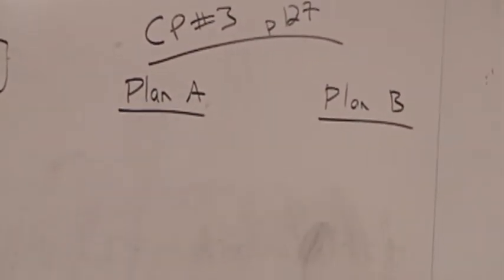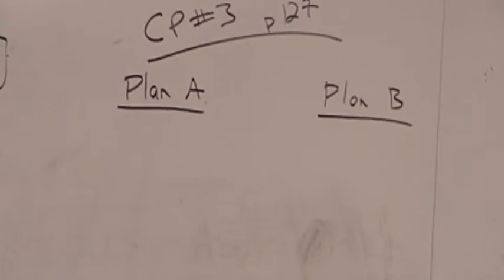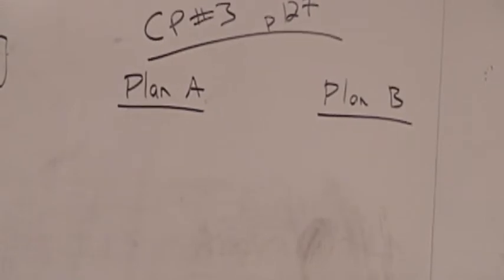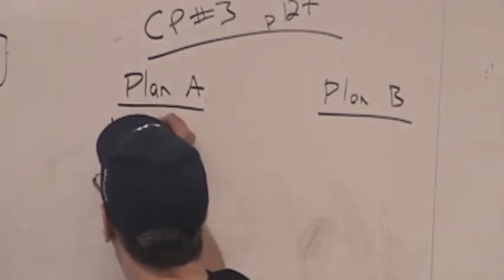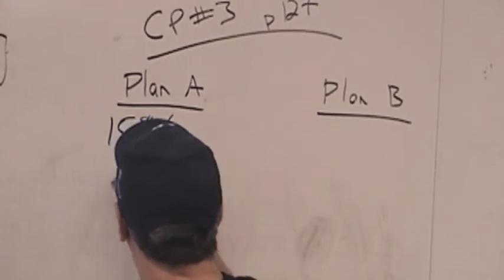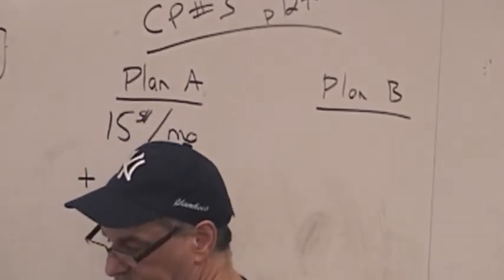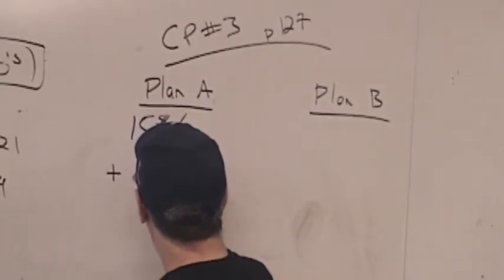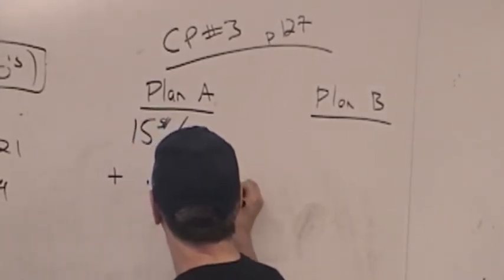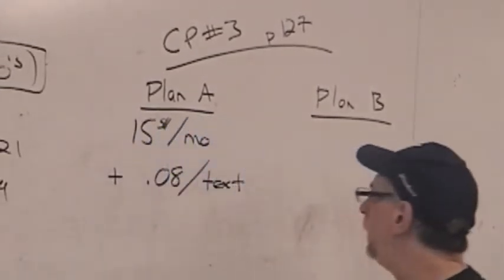So it says you're choosing between 2 texting plans. Plan A has a monthly fee of $15 and a charge of 8 cents per text. Okay, so $15 per month plus 8 cents per text.